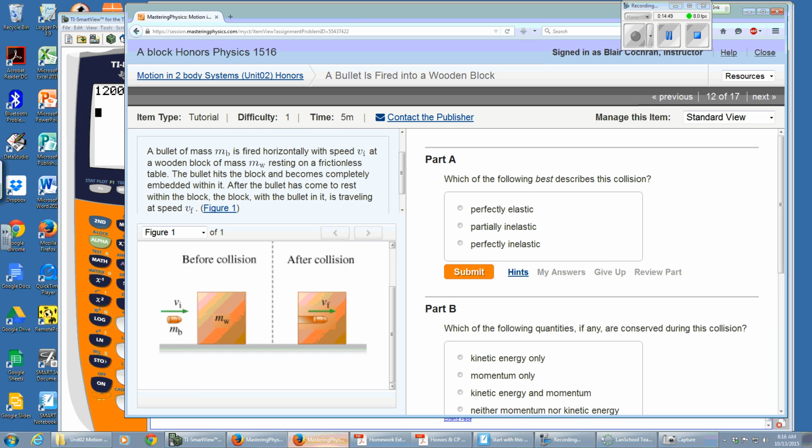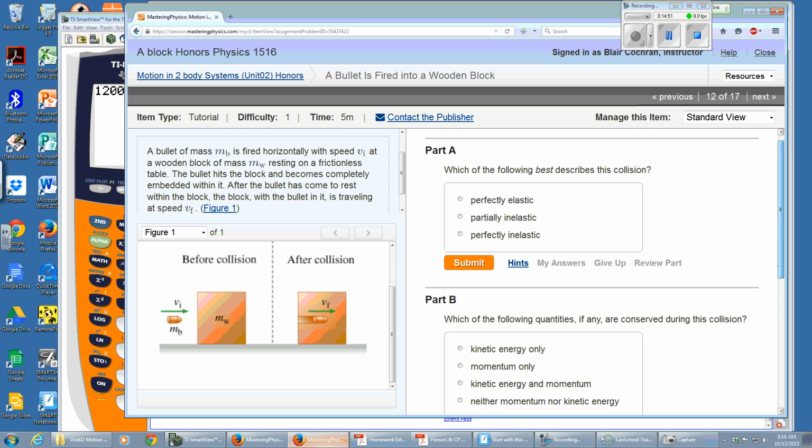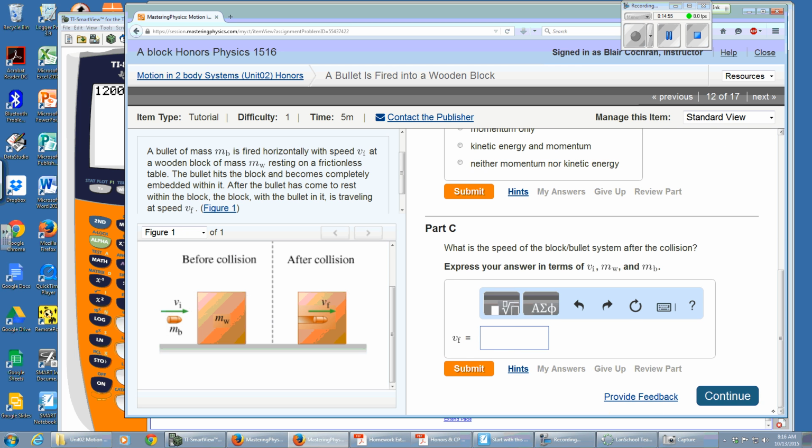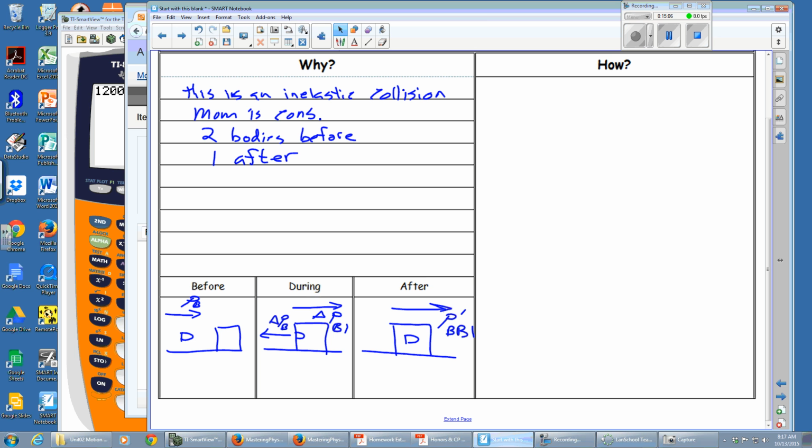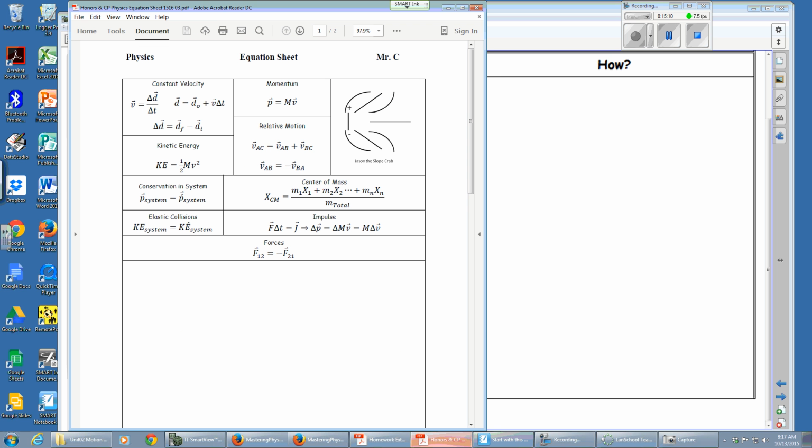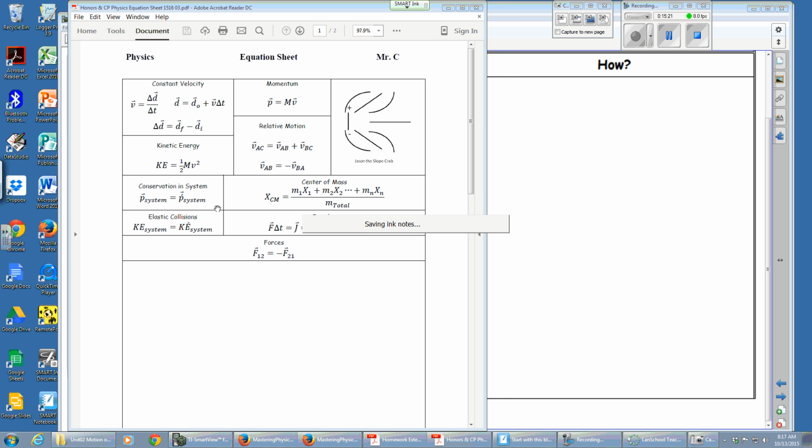Okay, and they want to know, let's see, oh, we answered that. We answered A. We answered B. What is the speed of the block after the collision in terms of VI, W, B? So they don't tell us. We need to pull our equation. Our equation for momentum being conserved is that one.